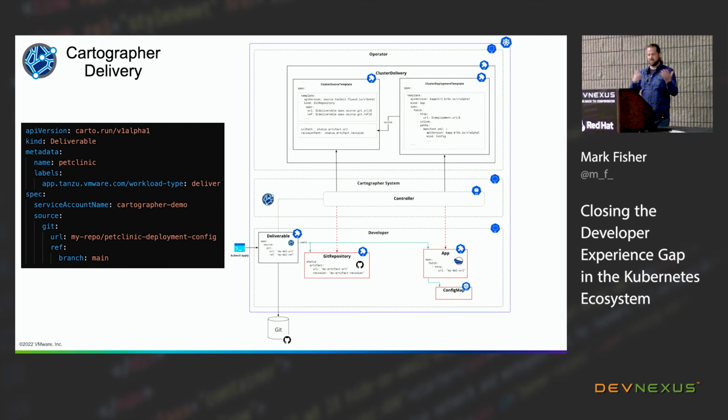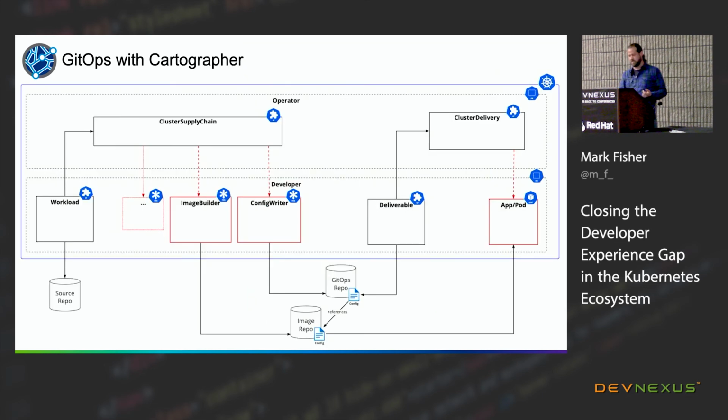And this decoupling of supply chain and delivery is convenient because they might run on the same cluster, but you can see right here where this GitOps repo is in the middle, we could draw a line between these and we could have a separate build cluster from a runtime cluster, which is definitely a common practice when you're at a certain scale, right?